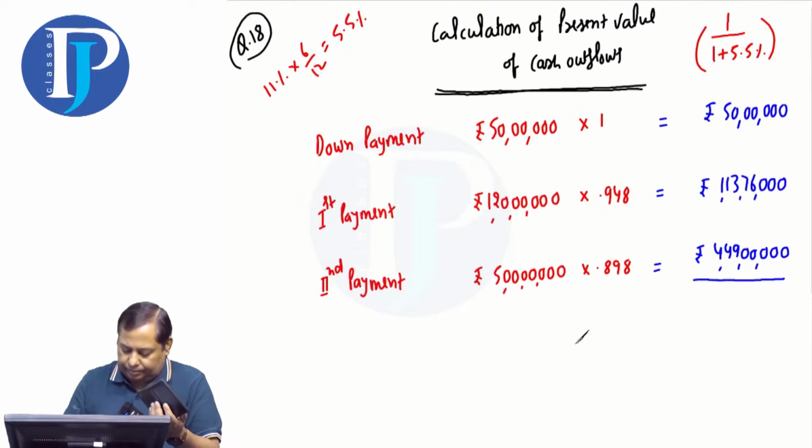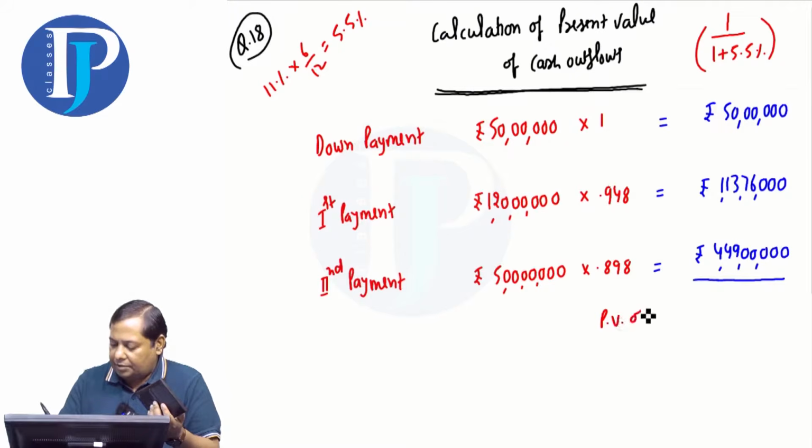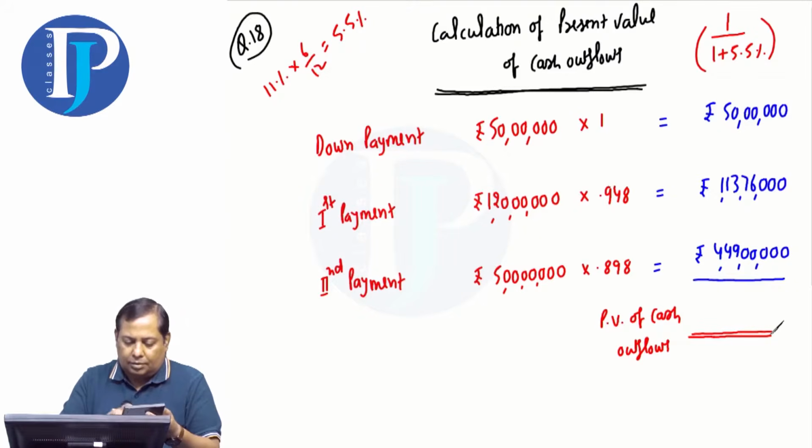Total present value of cash outflows: 50 lakhs, six crore 12 lakh and 76,000 rupees.